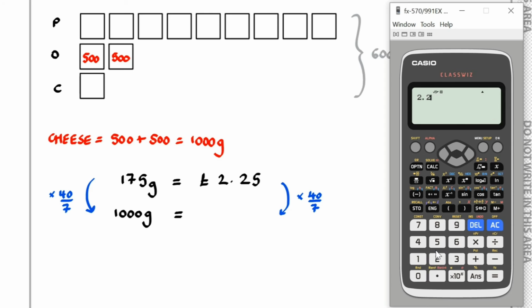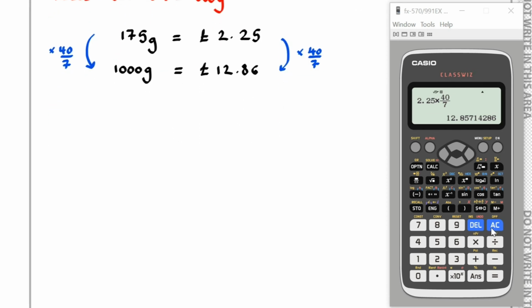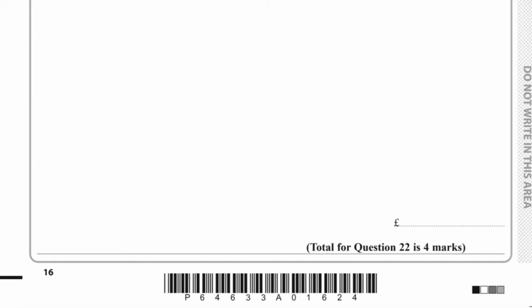So 225 times 40 over 7, I get 1286. So I have £12.86.